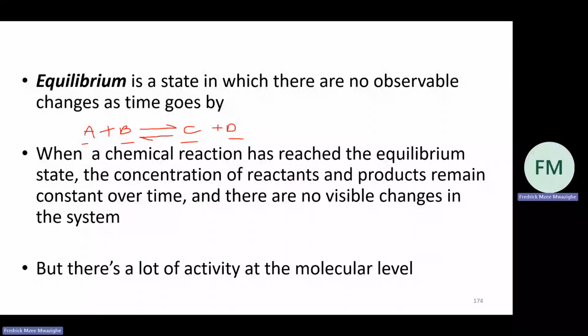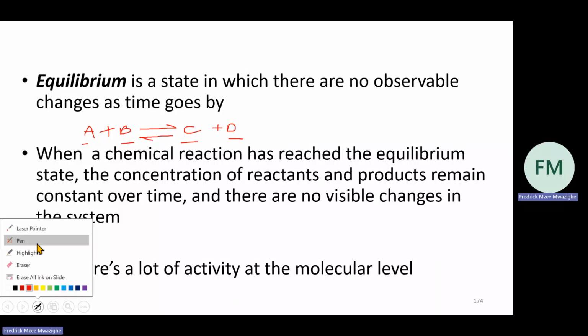Okay, so that means when you have attained equilibrium, then you have what we call equilibrium concentrations of the species. Okay? It's like there's no change happening. It's as if the concentrations are constant. But in real sense, there is a lot of activity happening at the molecular level.